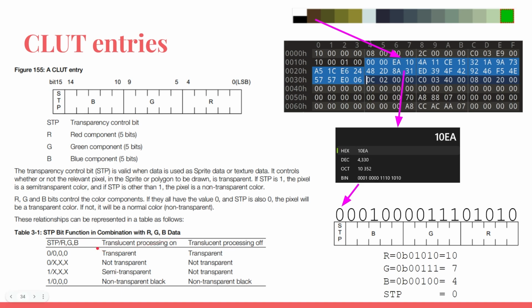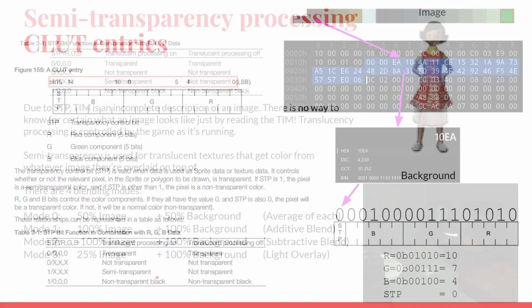And that's when the real magic happens. So when translucency processing is on, suddenly there is a difference between colors that have the STP flag flipped. So suddenly, having the flag on results in pixels that are semi-transparent. And we'll talk more about what that means.